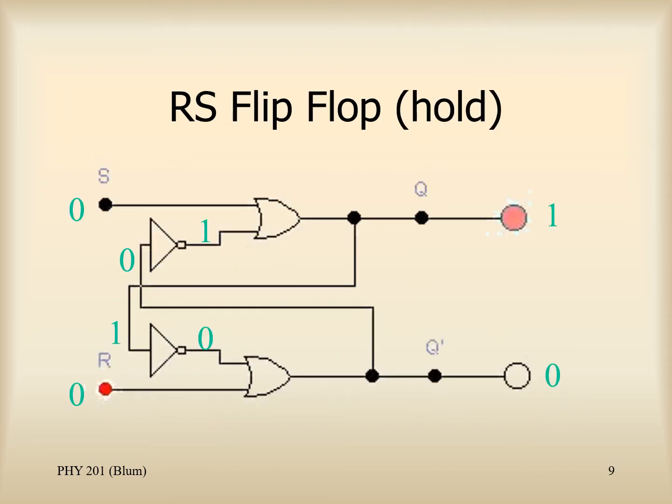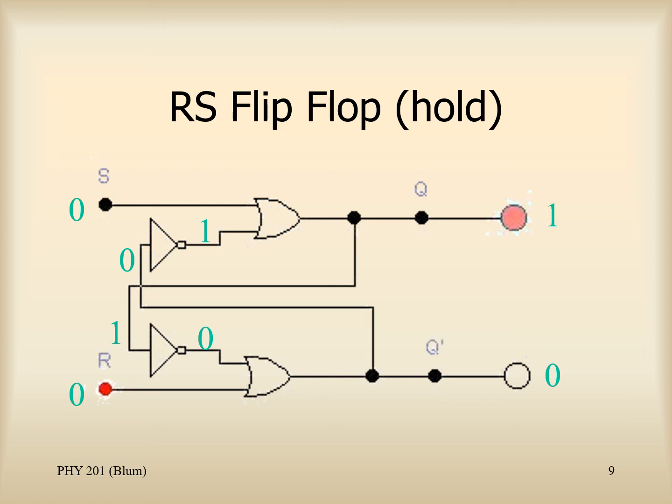Here I'm just showing in a picture what we just discussed. So Q, we started off as a 1, Q prime as a 0, and I've labeled it in green, the 1 and the 0. Then I show that Q prime, that 0 going through the inverter and becoming a 1. The S of 0 and the now 1 after the inversion go through the OR gate and become a 1.